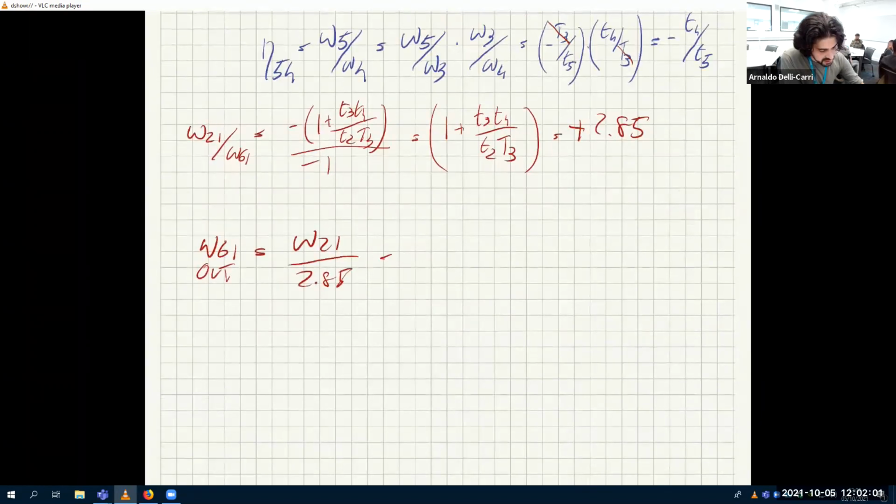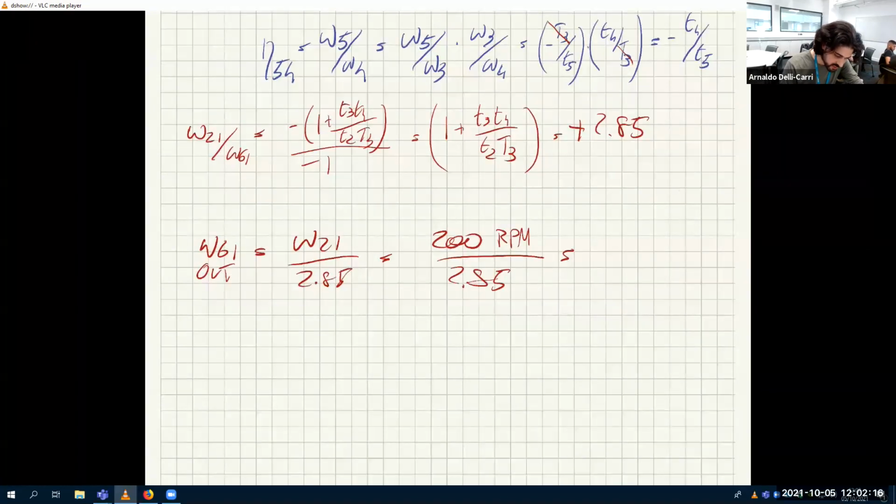And since omega 2, 1 is 200 RPM, 200 divided by 2.85 gives me 70.17 RPM. Okay? So the input shaft rotates at 200, the output shaft rotates at 70.17.